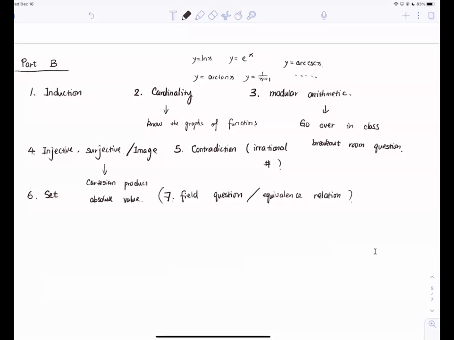Oh, contradiction could have something that involves contrapositive. So make sure you know how to write even odd questions. Those are tested a lot. If you don't know how to do that, for absolute value, check one of the tutorial videos.